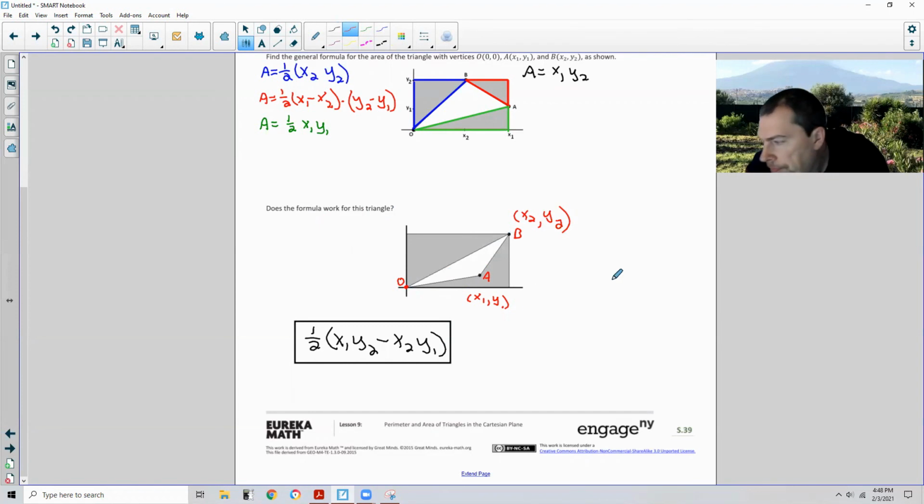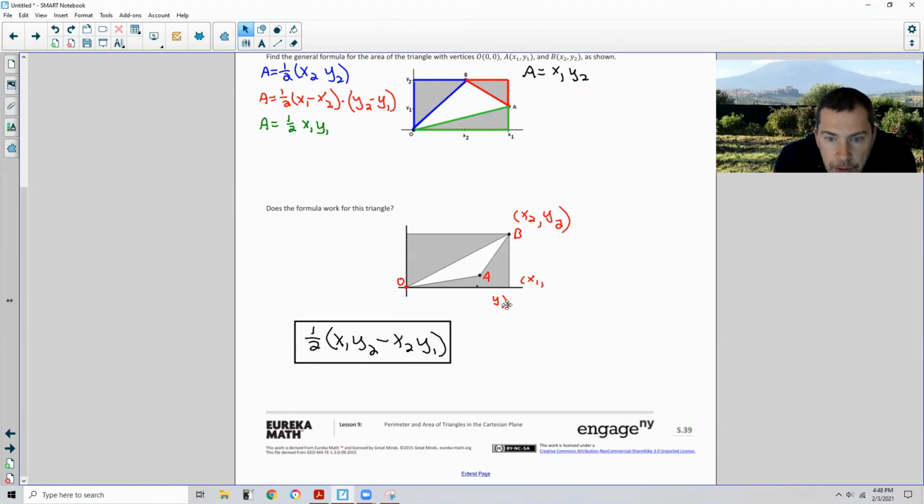Okay. So I guess I should show that. All right, so let's label these. Let me move these out of the way. A is x sub 1, y sub 1. So this is the point x sub 1. This is the point x sub 2, right here. So this is a length of x sub 2. This is a length of x sub 1. This point right here is y1.